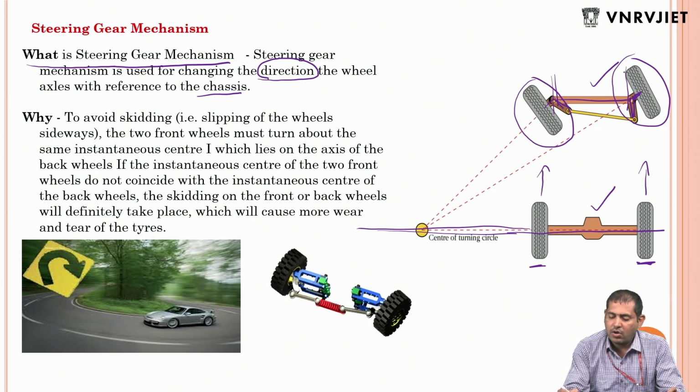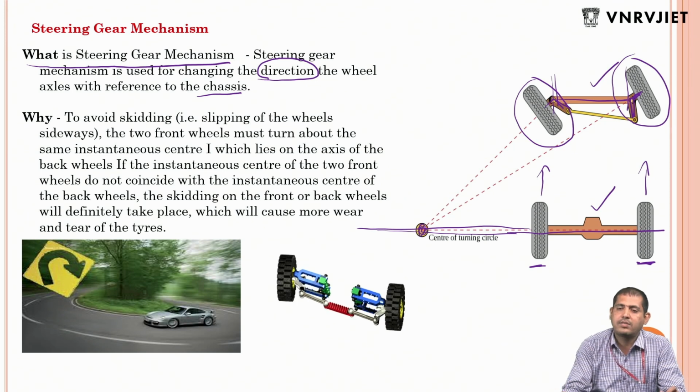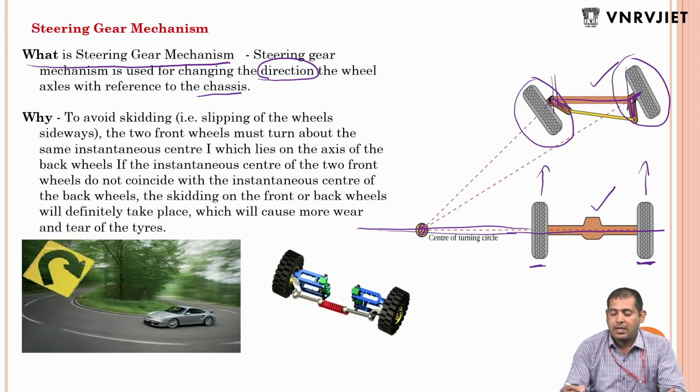The changing of this wheel angle should intersect at some point. That point is called the instantaneous center, the center of the turning circle. Once it matches the rear wheel axle, only then can we travel in an accurate path. If it is not happening, then what will happen? Some skidding will happen.